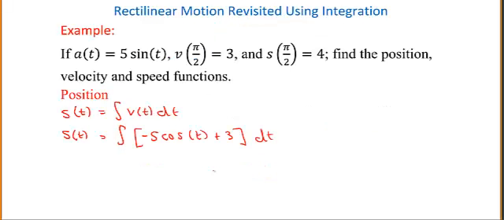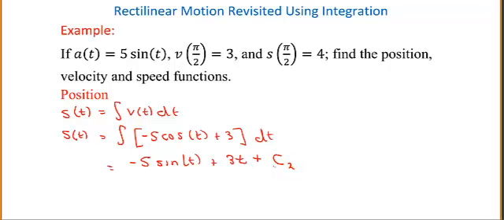And so let's see, who has negative 5 cosine as its derivative? Well, that would be negative 5 sine. Plus, who has 3 as its derivative? That would be 3t. Then plus a constant of integration c2.